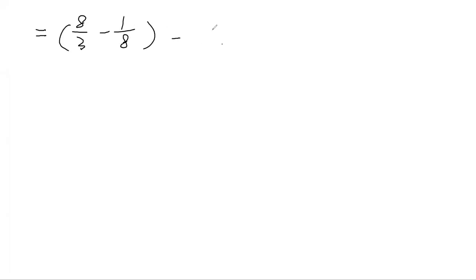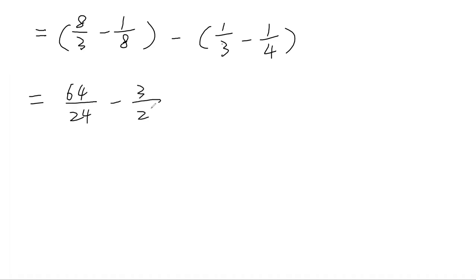Second term is 1/3 minus 1/4. First term, that will be 64 divided by 24 minus 3 divided by 24 minus 1/12. So this gives you 59 divided by 24. Yeah, my bad.